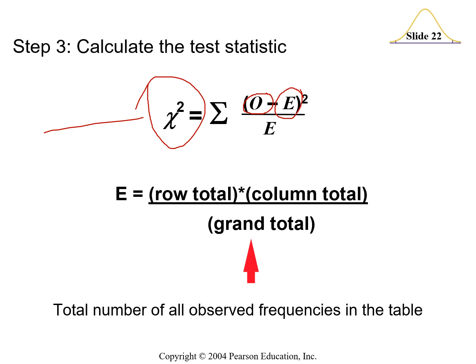So to calculate chi-square, we first need to compute E, the expected. E for each cell equals row total times column total divided by the grand total, which is the number of all frequencies in the table.